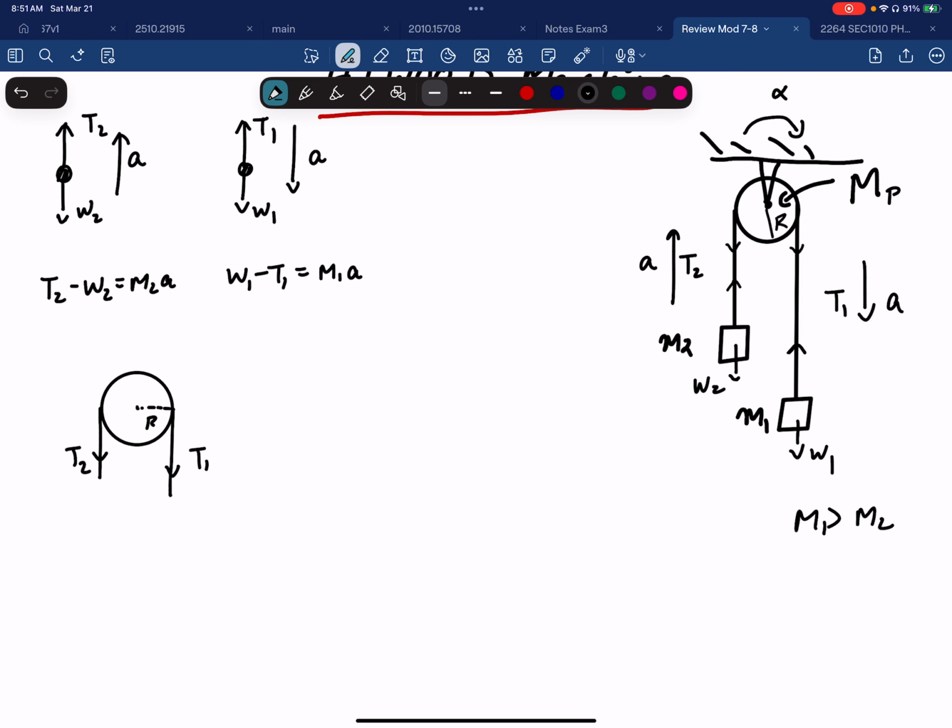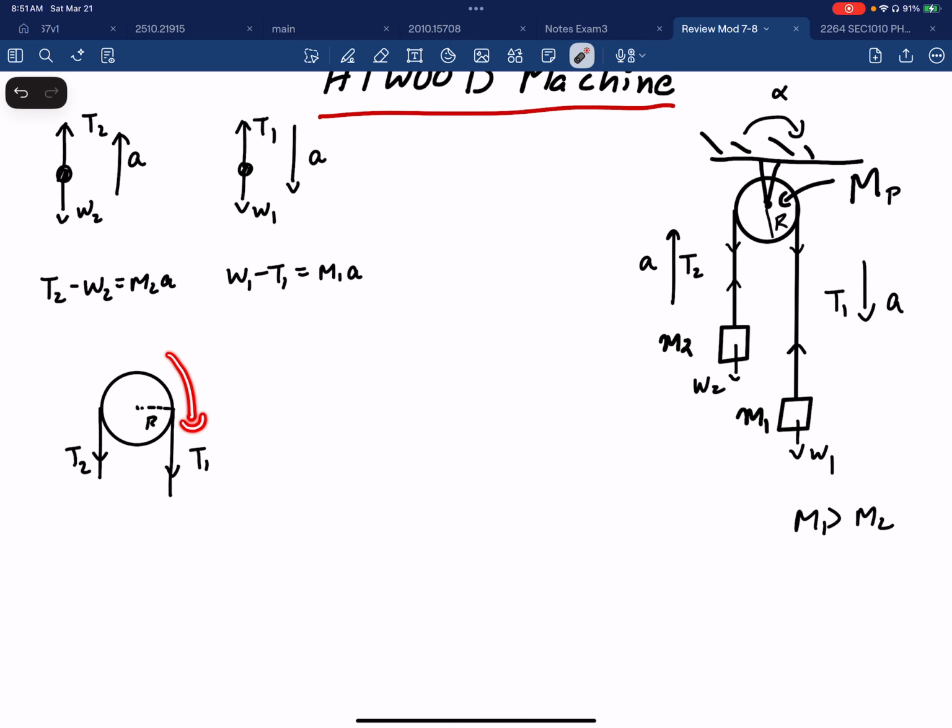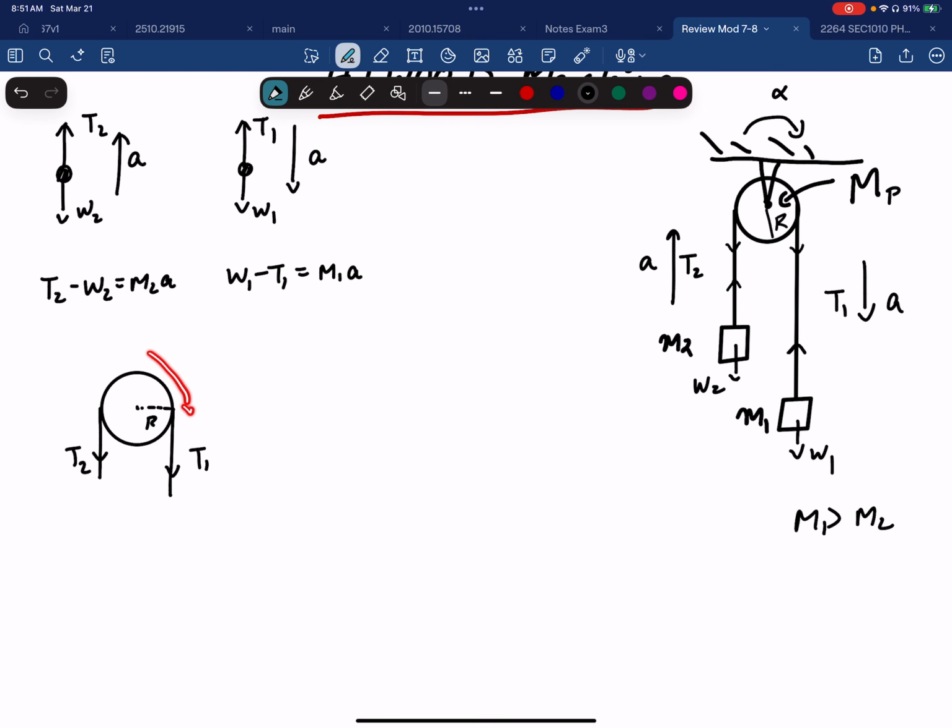The first tension is trying to rotate in which direction? It's trying to rotate in the clockwise direction, right? And my acceleration is also in the clockwise direction, right? So my torque 1 comes out to be negative T1R, because it's in the clockwise direction.